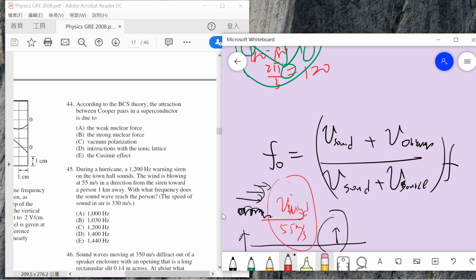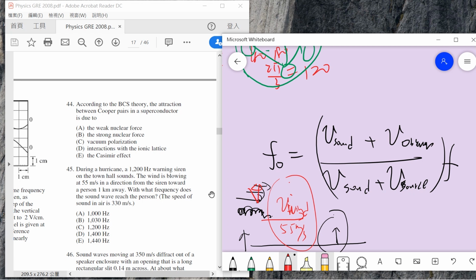But the problem is that the observer does not move, and the source does not move, because the sound is not coming from the wind.